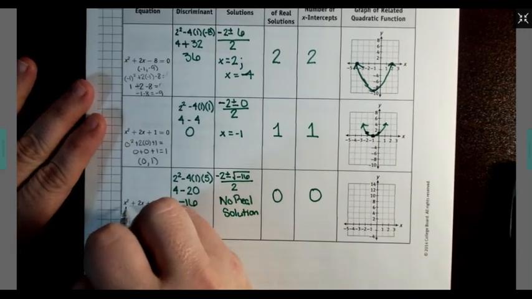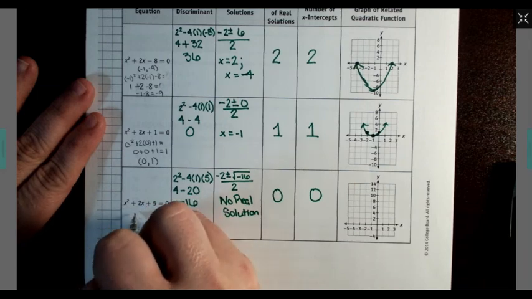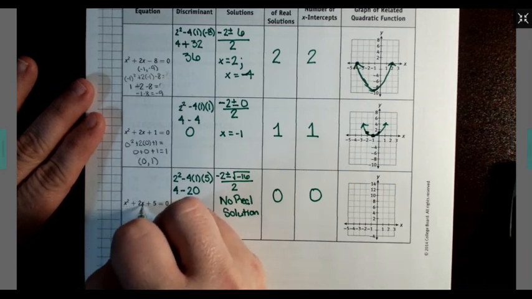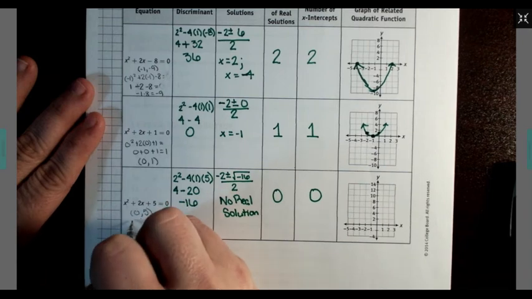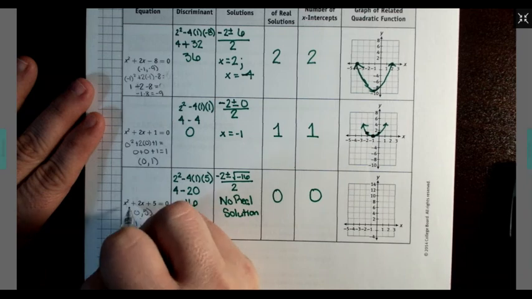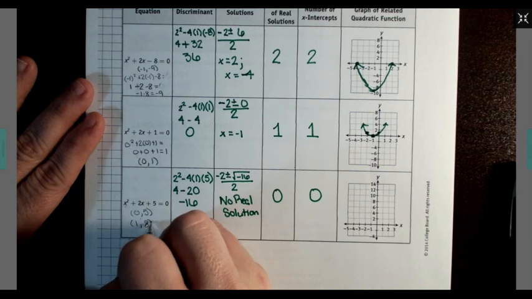Let's plug in some numbers here. If I plug in 0 here, I'm going to have 0, comma 5. Let's try 1. This would be 1 squared plus 2, so that's 3, plus 5 is going to be 8.